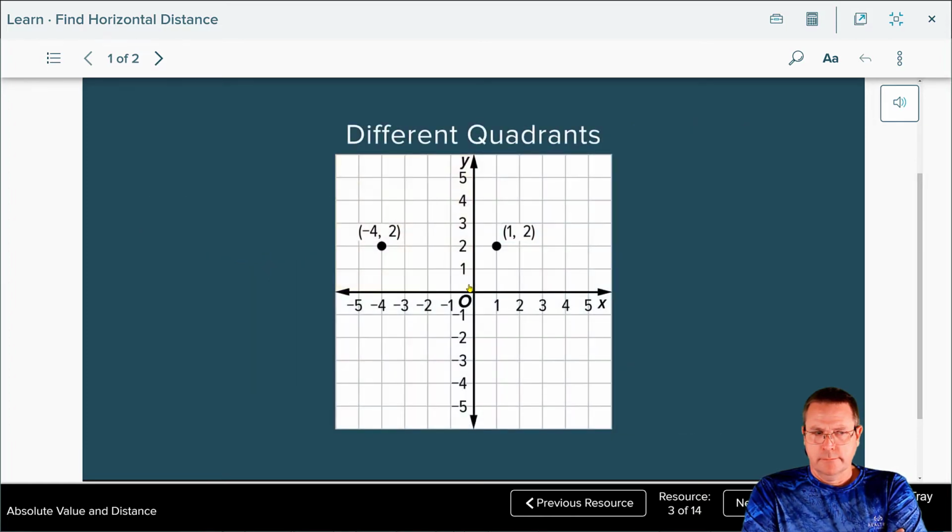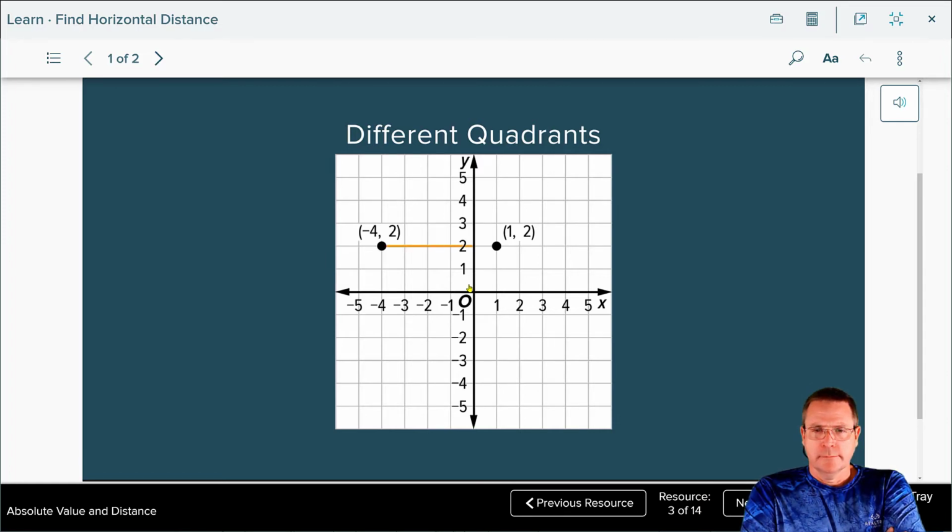When 2 points are in different quadrants, and they have the same y-coordinate value, add the absolute value of the x-coordinates to find the distance between the 2 points. The absolute value of each x-coordinate will give the distance from the point to the y-axis.